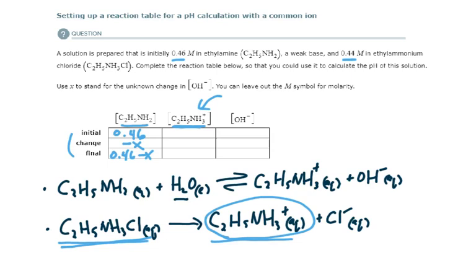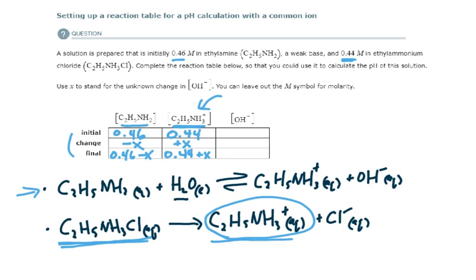So assuming I have 1 liter, then there would be 0.44 moles. The concentration is 0.44 molar, so the concentration of this initially will be 0.44 molar. As this process reaches equilibrium, the concentration of that will increase to some amount, and so the final concentration will be this plus X at equilibrium.